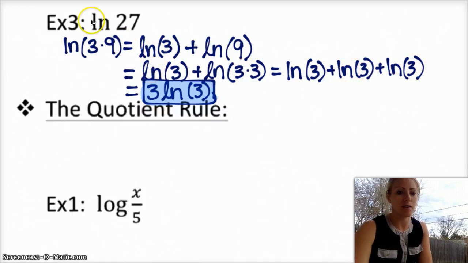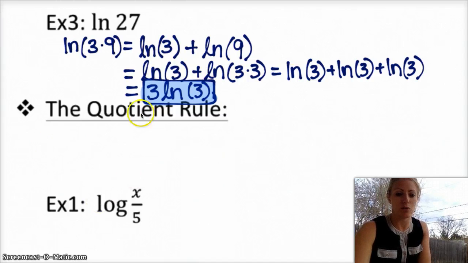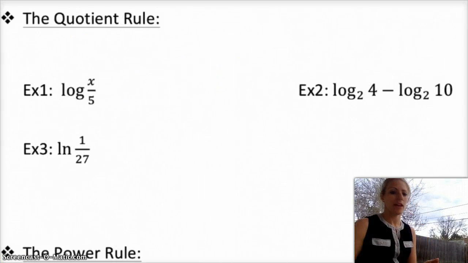So the natural log of 27 is equal to the natural log of 3 plus the natural log of 3 plus the natural log of 3. We have 3 of those natural log of 3's, so I just wrote it as 3 log 3, because I have 3 of them. So 3 times the natural log of 3 is the same thing. Fun stuff.